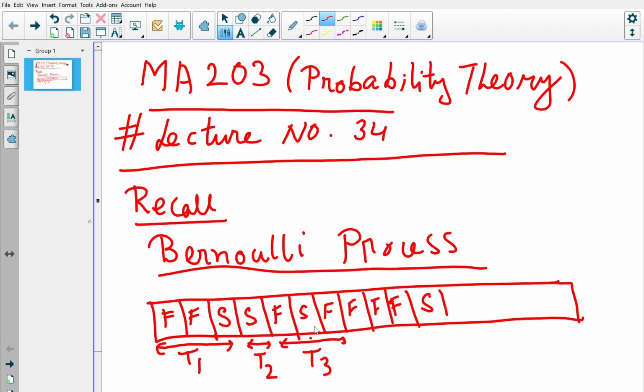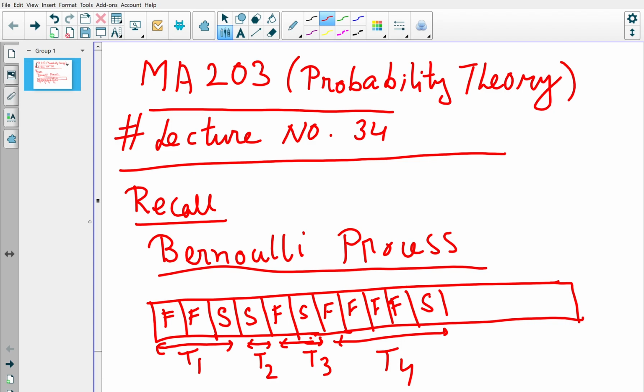The third interval is like this. Here is a success, and from here to here, that is T4, and so on. So these T1, T2, T3, T4 are the interval times, the lengths of the intervals: T1 is till the first success, T2 is the time till the next success after the first, and T3 is the time after the second till the third success, like that.